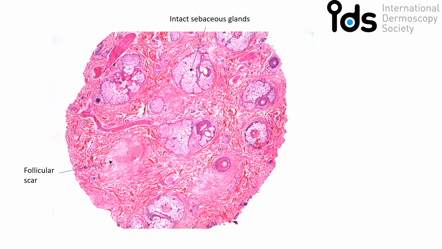On the biopsies, we can see intact sebaceous glands, and we have follicular scarring. So the sebaceous glands are preserved, in contrast to the other scarring alopecias where they're gone.